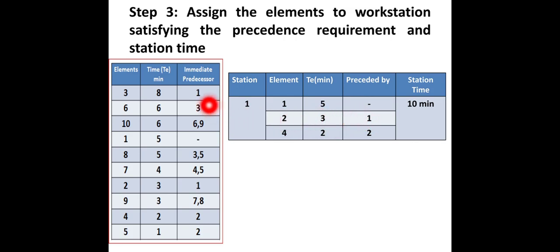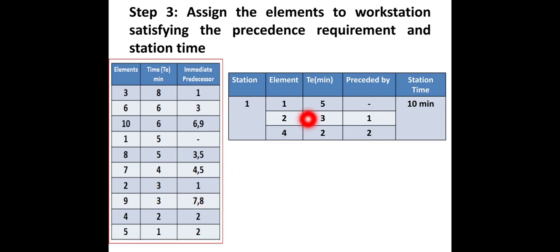Now in the precedence column you can check 1 and 2, since these two are assigned. Element 3 is already not considered because of time. So again I'll go for 2 here. Element number 4 has 2 minutes and is preceded by 2.